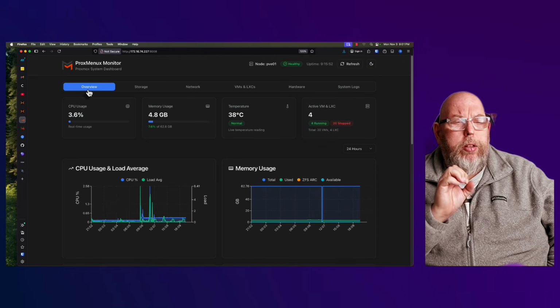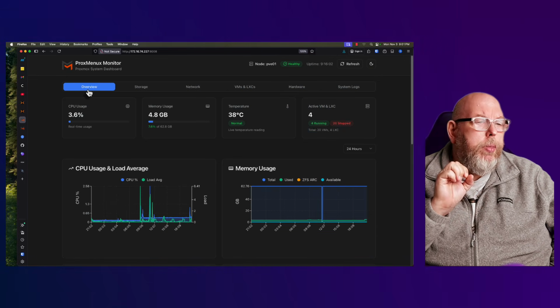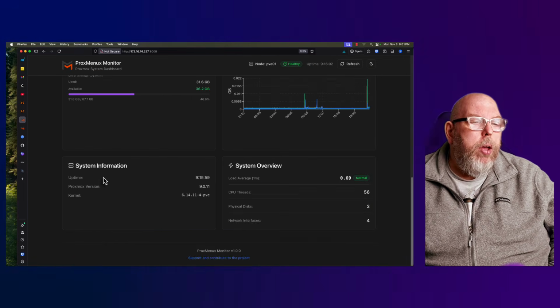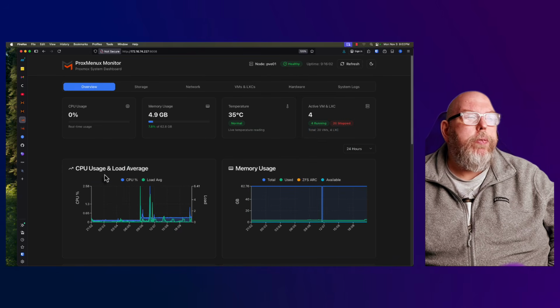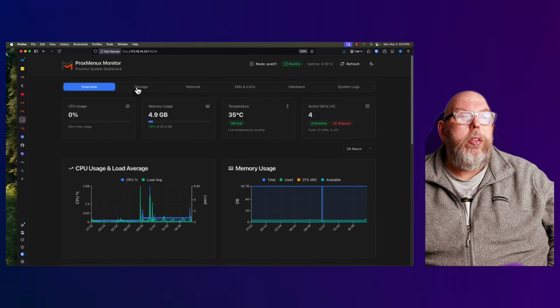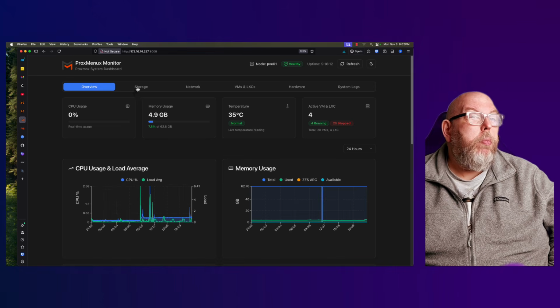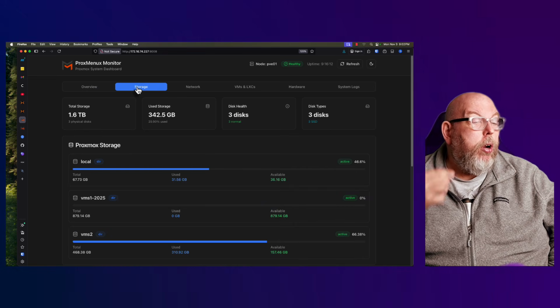Let's move over to Proxmenux and take a look. As you can see, there's a little bit of a delay in gathering the information, but it does give you a clean interface, and at a glance, this is not bad. It's very workable.